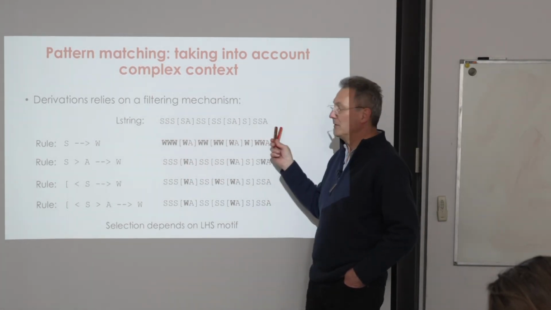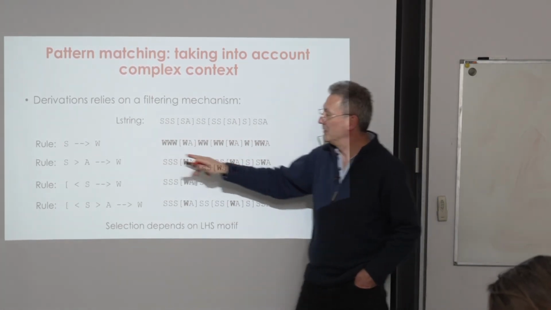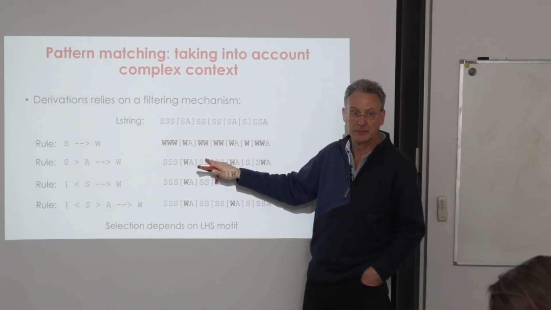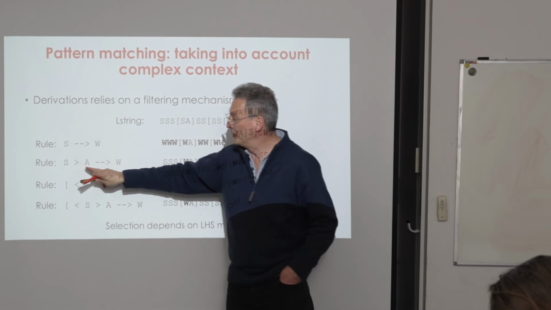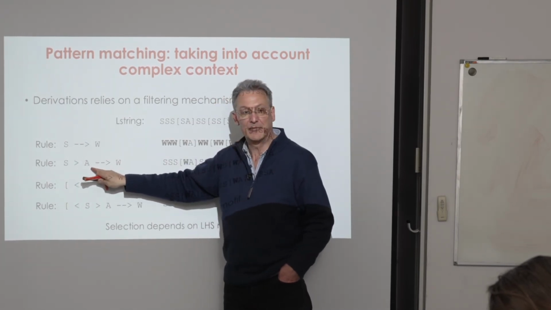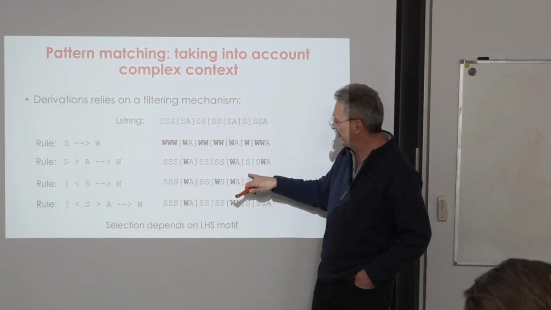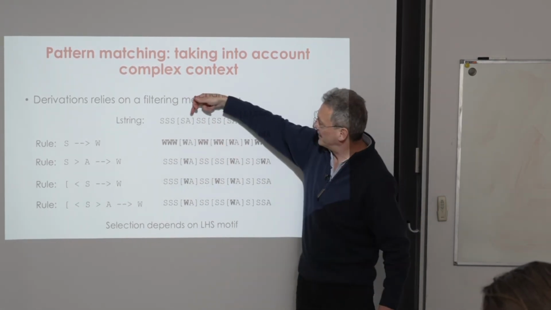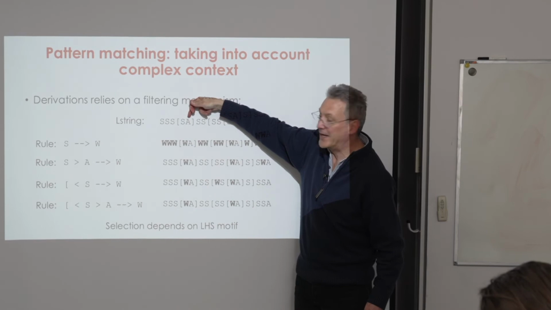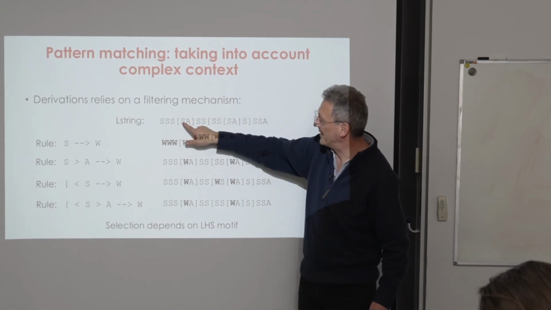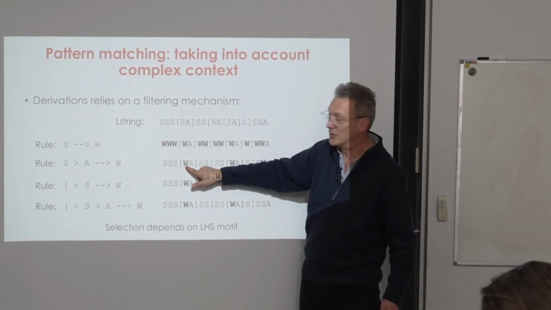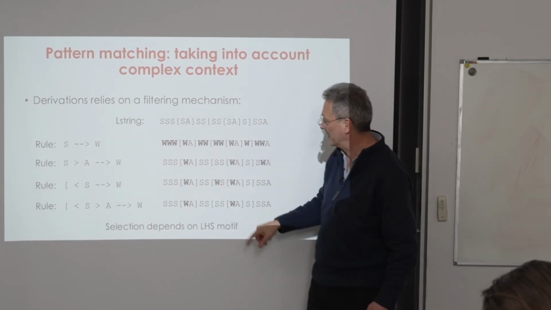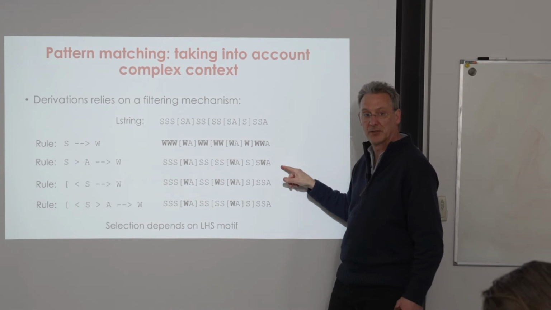If I have a string, I can use this rule here that would transform each S into a W. I could use the S in the right context of A, and this would transform each S that is in the right context of A into a W. So for instance, this S would be transformed into a W. But this one would not because there is no A on the right. So this would result in this string.